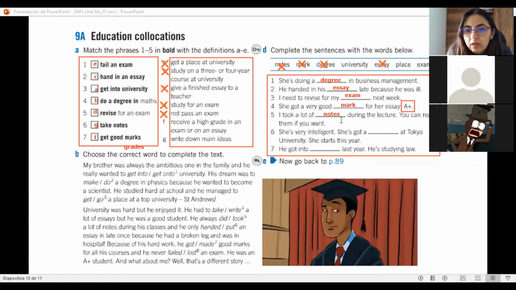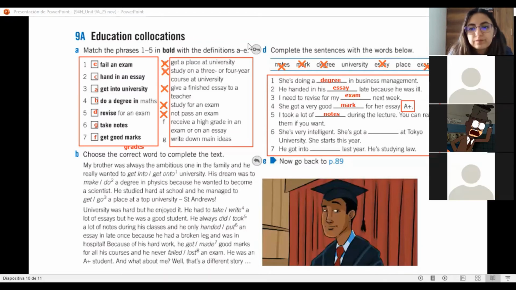Good. She is very intelligent. Number 6, how would it be? Place. She's got a place, obtuvo un lugar en la Universidad de Tokyo University. And the last one, he got into... we have the last option over here.